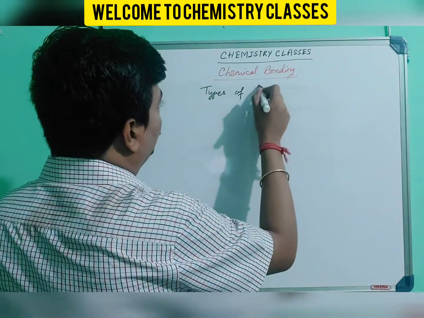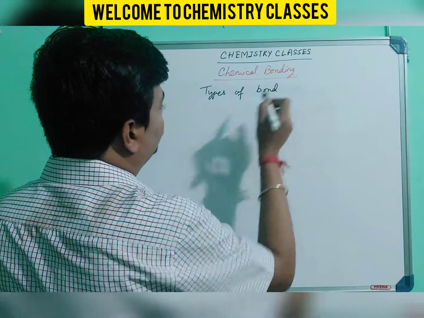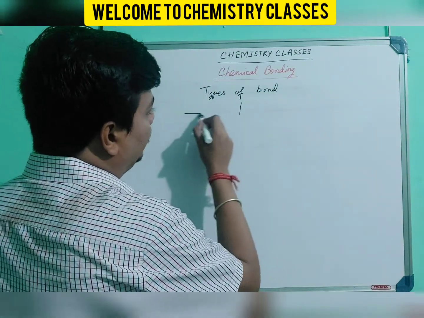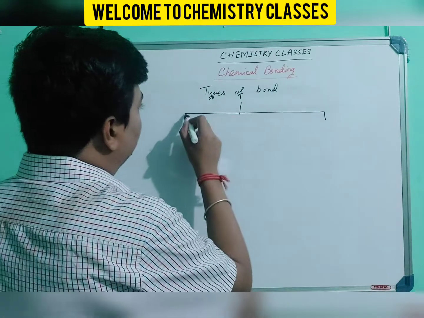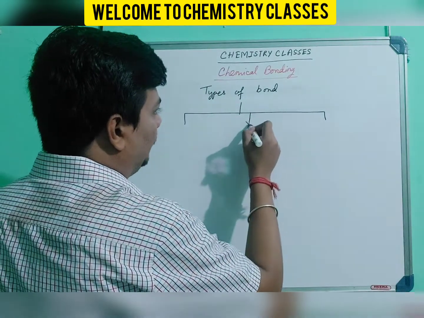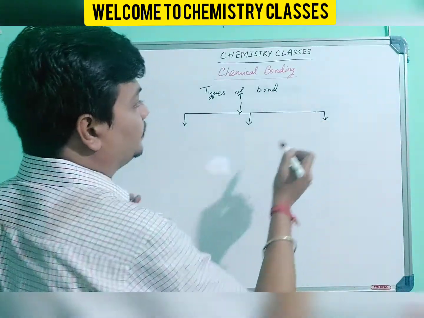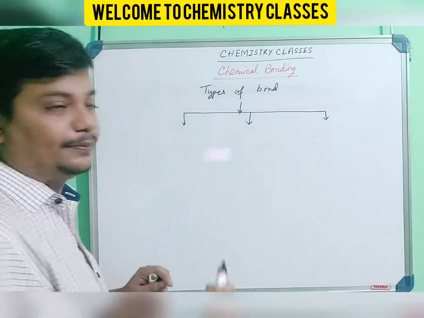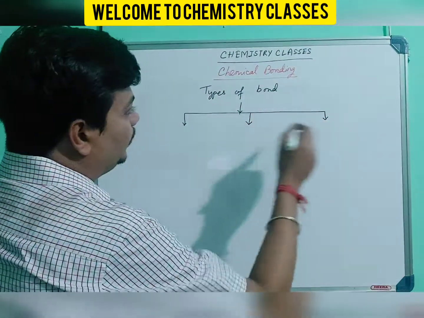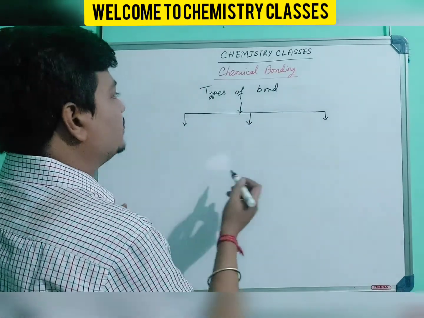Types of bond. There are basically different types of bond, but according to your syllabus, what I have seen in ICSE, CBSE and the West Bengal Board, there are three different types of bond that they have classified into.